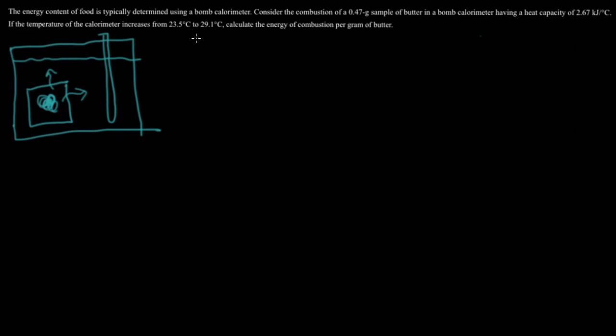Okay, so let's get started with our formulas. Similar to a coffee cup calorimeter, we use a Q system equation for bomb calorimeters as well. Except this time we have Q system equals Q bomb, and this little chamber is called a bomb, by the way, plus Q reaction, plus Q water.